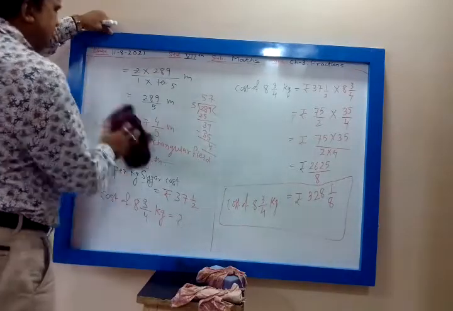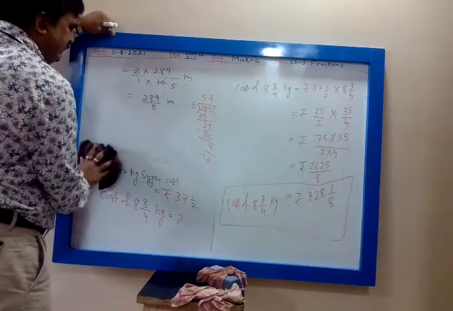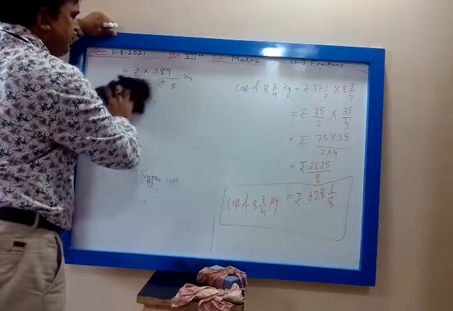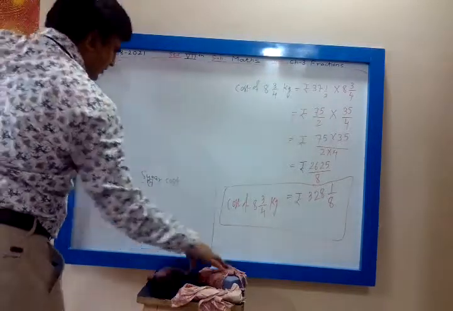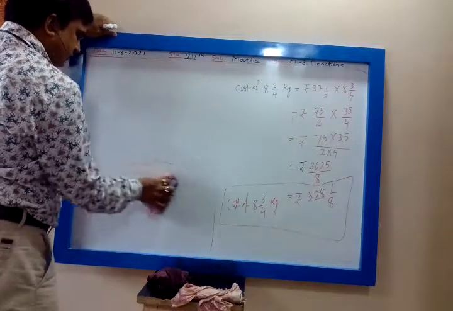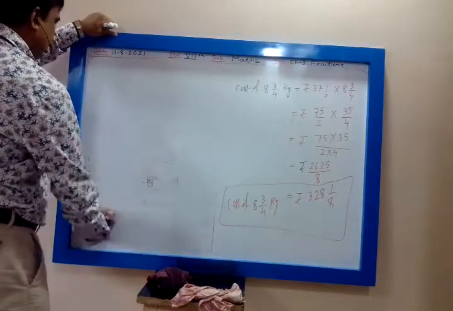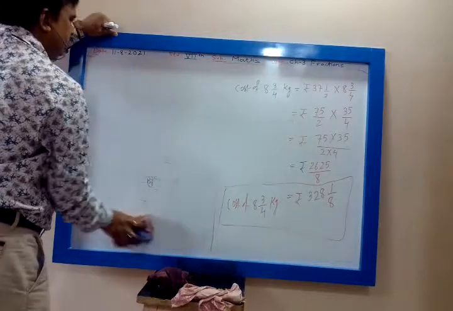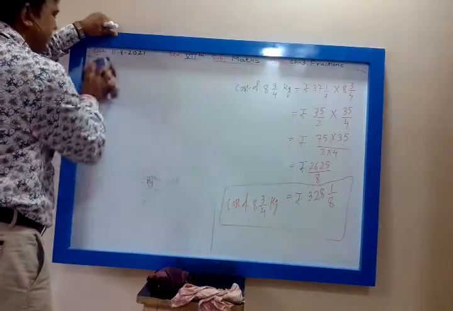Because the same type of problem we have done in the rational number, my dear. Okay? The remaining problems we will do. Whatever are similar type of problems, that we are giving as homework.